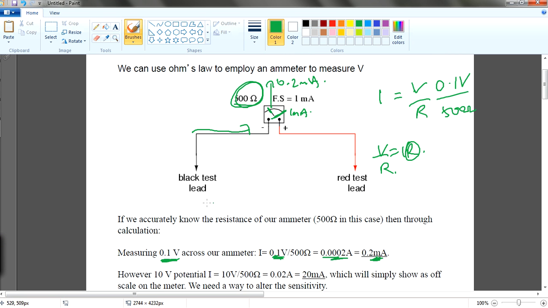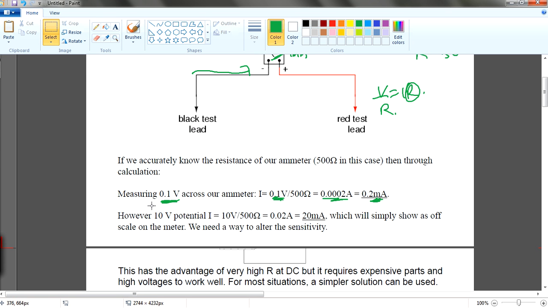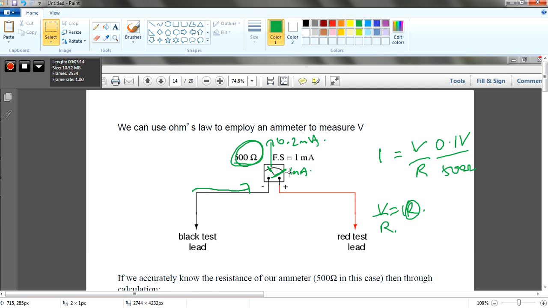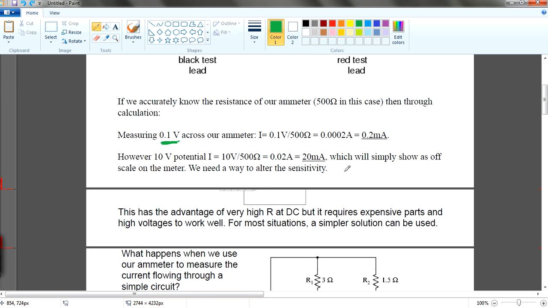But if your voltage input is damn high, you're gonna spoil the whole system, right? Because 10 volt divided by 500 ohms is actually 20 milliamp, which is way off the scale. It cannot be, right? So this is not a very good implementation.